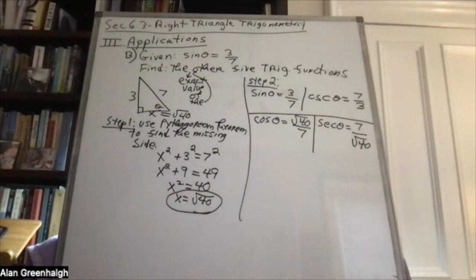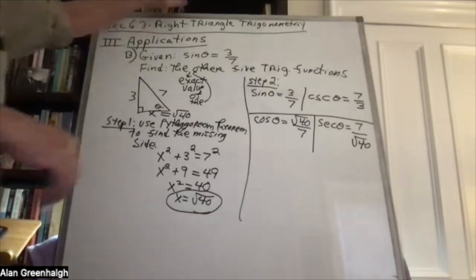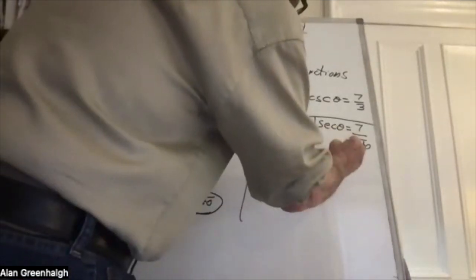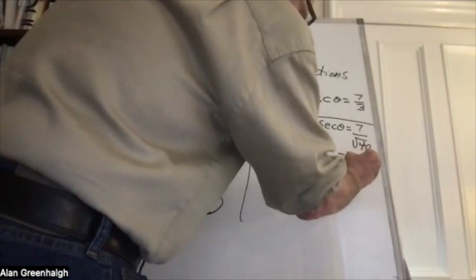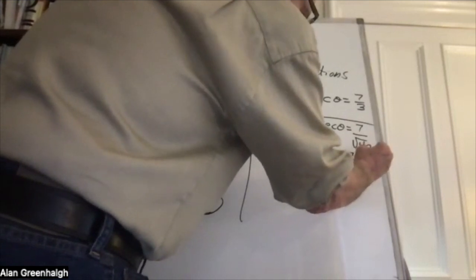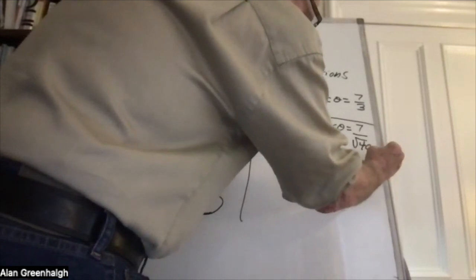There's only one problem in this particular situation. You can't have a square root in the denominator. You can't have an irrational number in the denominator, and therefore, when you have 7 divided by the square root of 40, you need to rationalize the denominator. Remember that stuff.